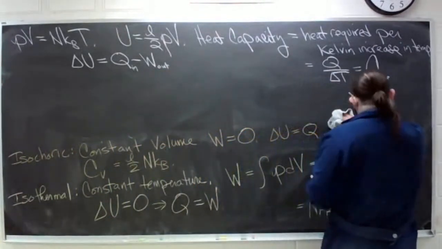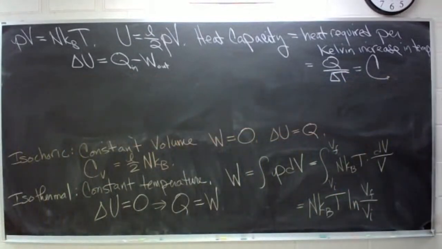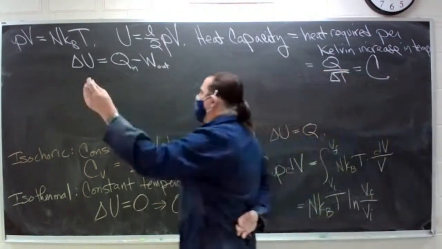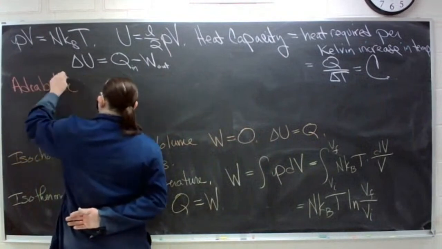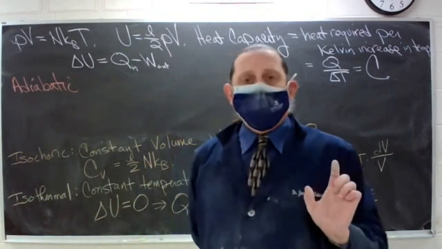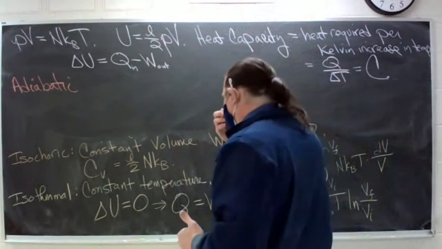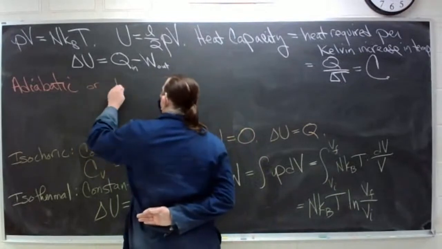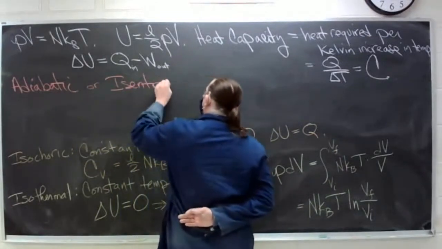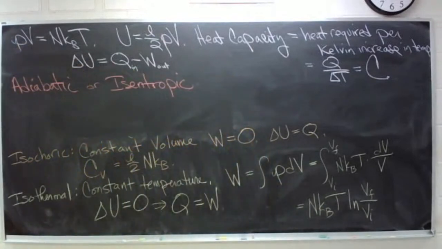Such a process is called an adiabatic process, and that will be our last process. Adiabatic, or to give it a name that falls in line with the other names, we can call it isentropic, a process that takes place at constant entropy.